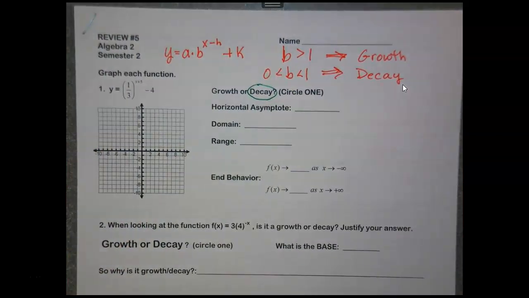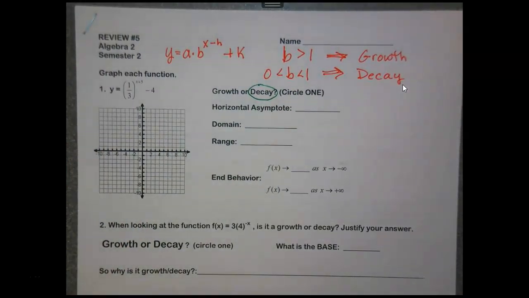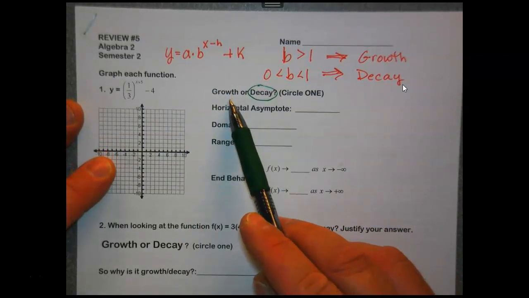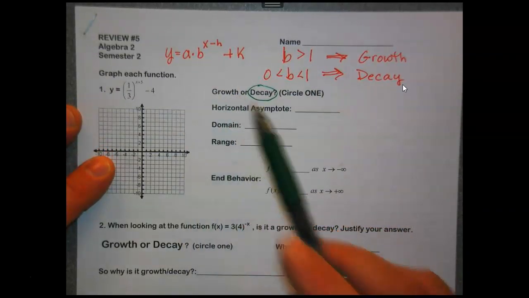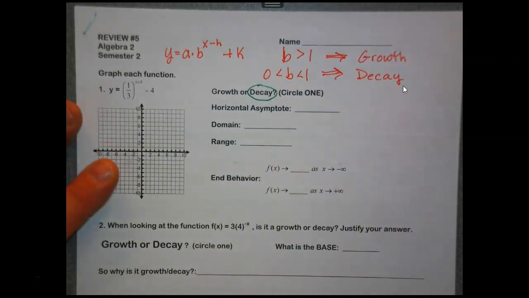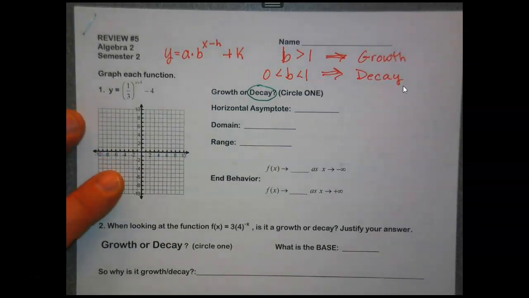All right. What's my horizontal asymptote? Remember, exponential functions, whether growth or decay, have horizontal asymptotes. The log functions have vertical asymptotes. Horizontal asymptotes are determined by our k's. Vertical asymptotes are determined by our h's.